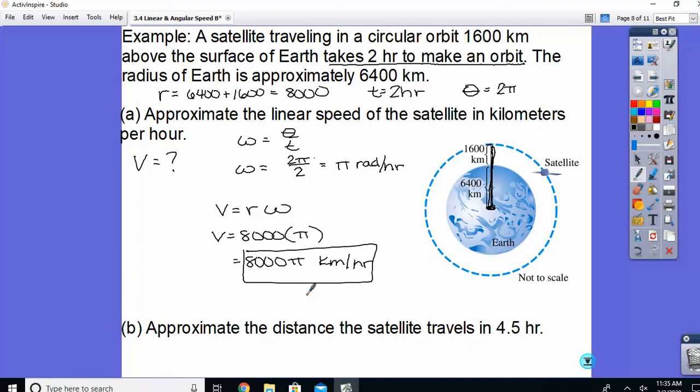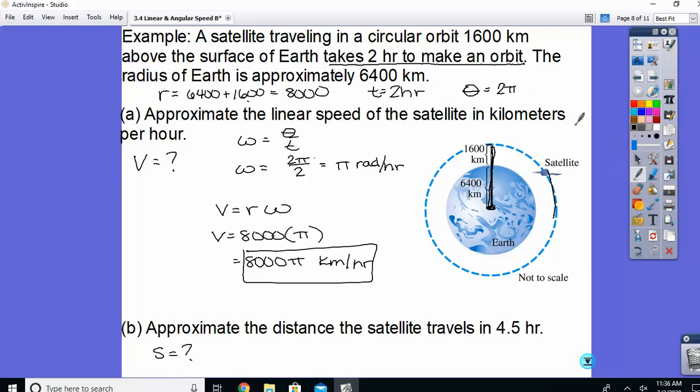Part B. Approximate the distance the satellite travels in 4.5 hours. If I'm talking about the distance the satellite travels, what am I referring to? S. Okay, can I just do the S equals R theta from up here?